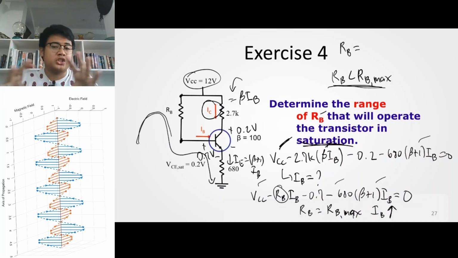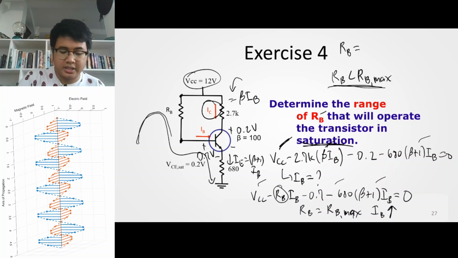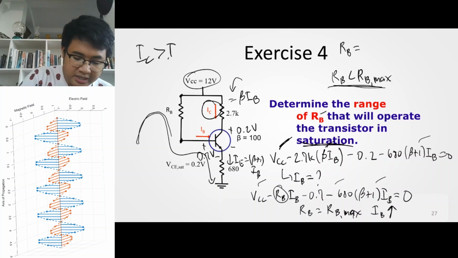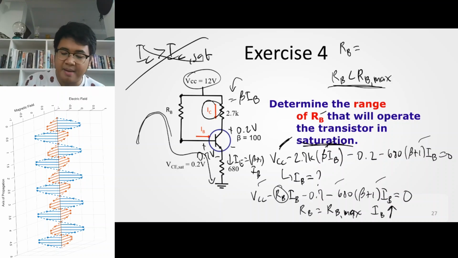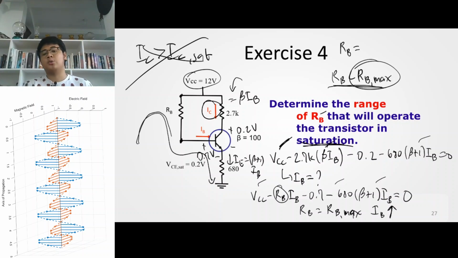But since we're in the saturation region already, IC cannot increase anymore, greater than IC saturation. That can never happen. So if we set RB less than RB max, we are sure that the transistor will always operate in the saturation region. And that's how you design the circuit such that it will operate in the saturation region.